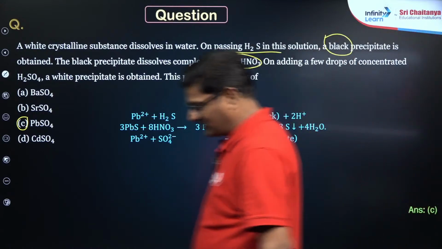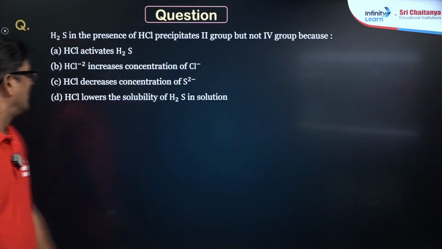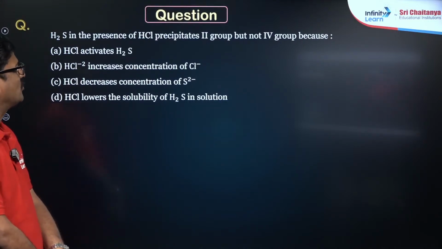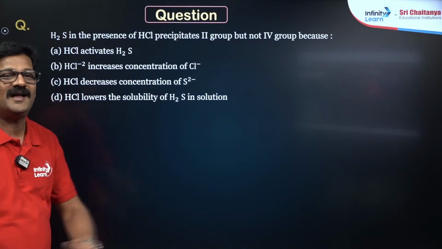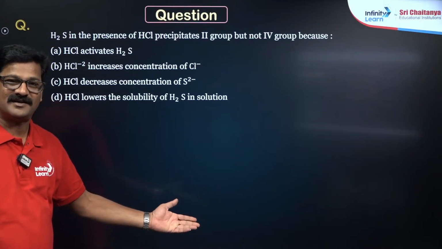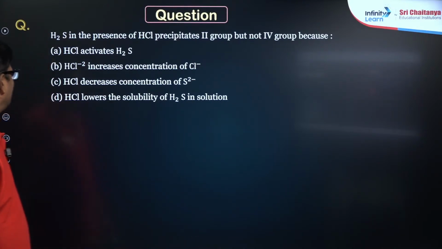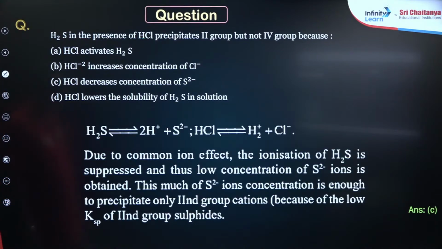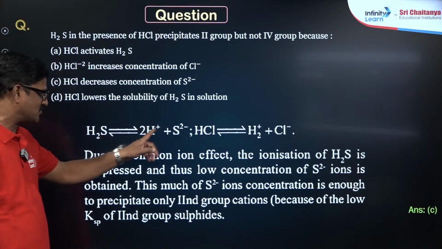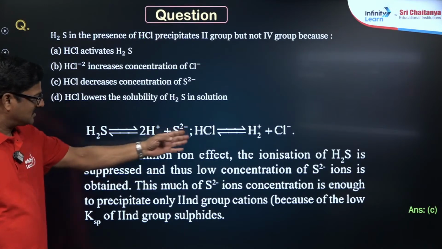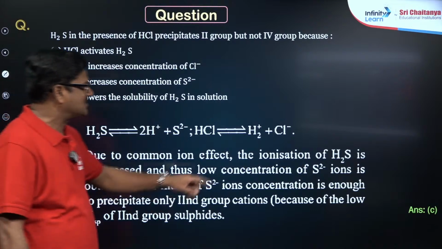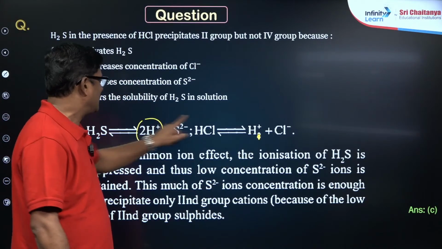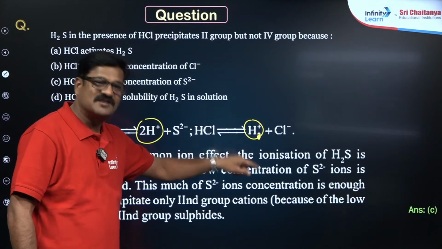Okay, और एक चीज़ है, H2S in the presence of HCl precipitates the second group but not the fourth group because of the common ion effect. H2S gives H plus and S2 minus, HCl gives H plus and Cl minus. So this has a H plus and this has a H plus in acidic medium.